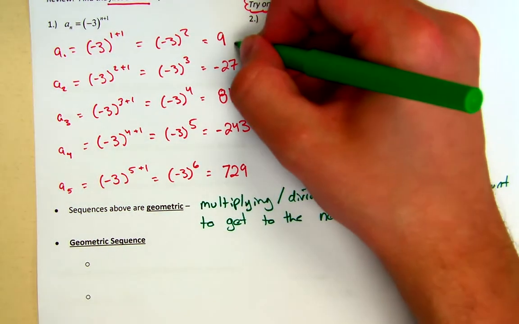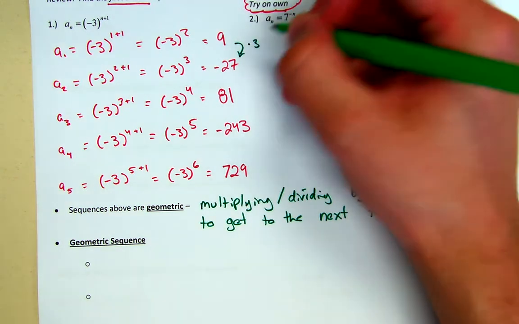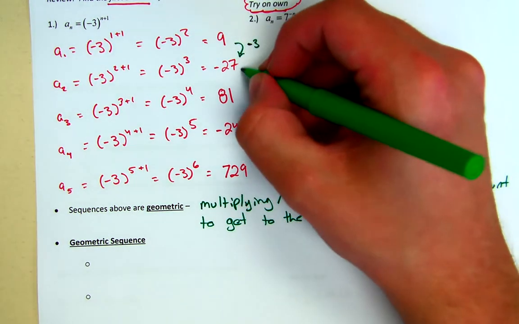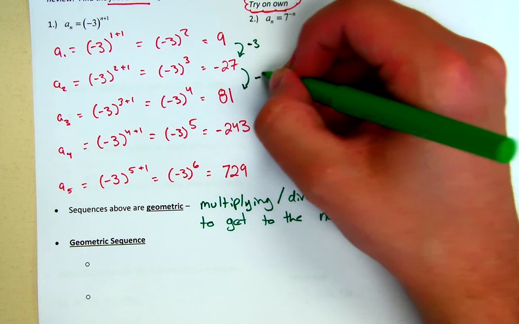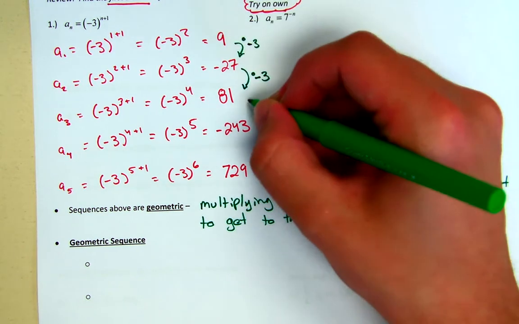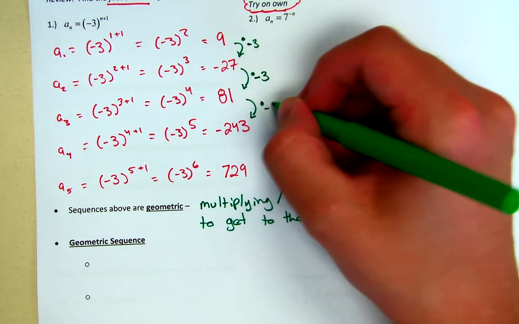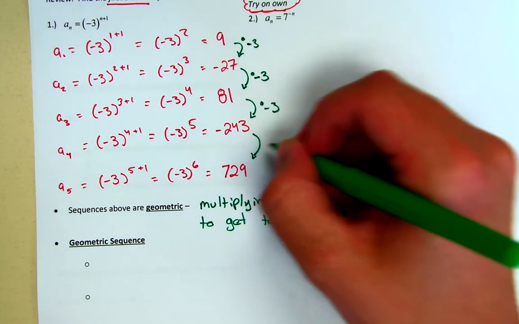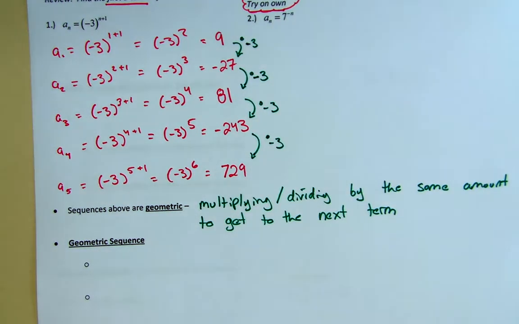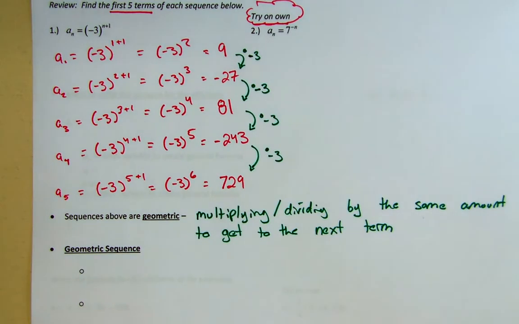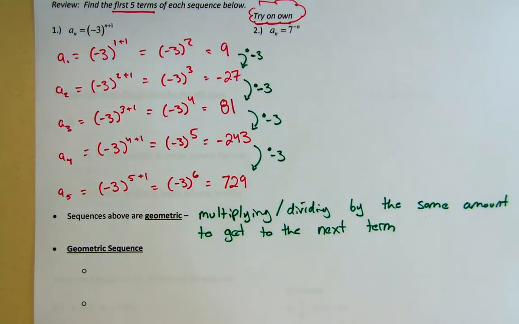So notice, to get to the next term, I multiply by 3. Well, negative 3. To get to this term, I'm going to multiply by negative 3 again. To get here, I'm multiplying by negative 3 again. To get here, I'm multiplying by negative 3 as well. So that's what I'm talking about. We're multiplying, and then in this example, you're going to realize some division.